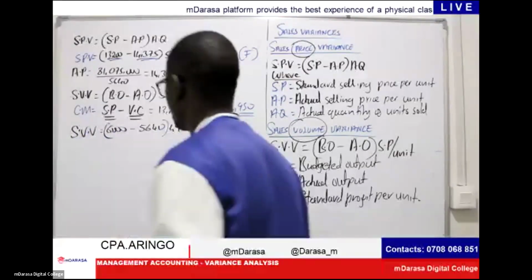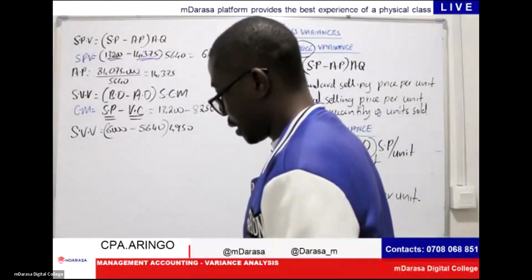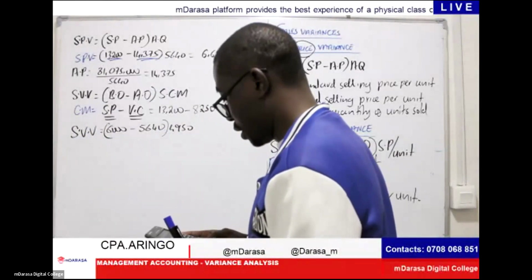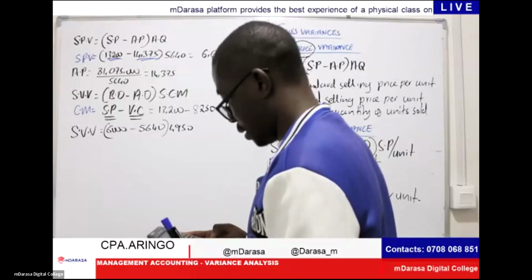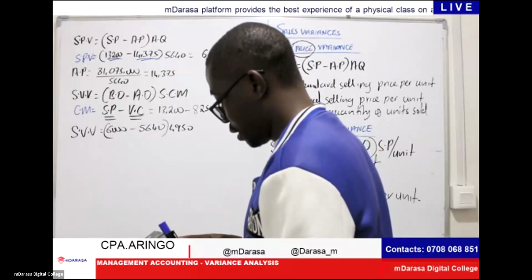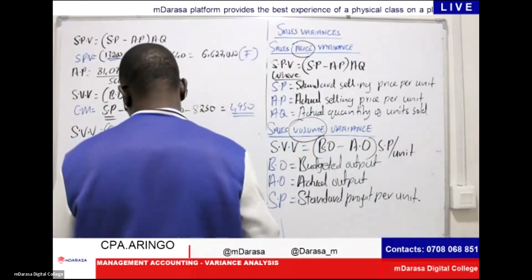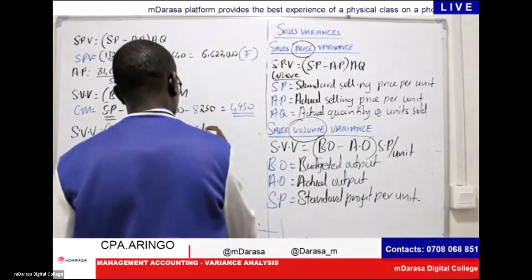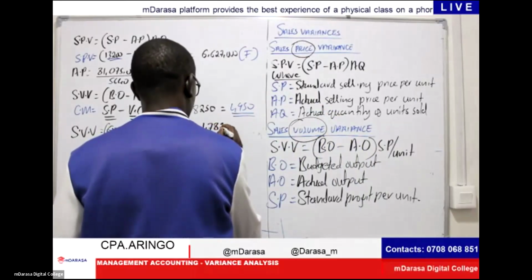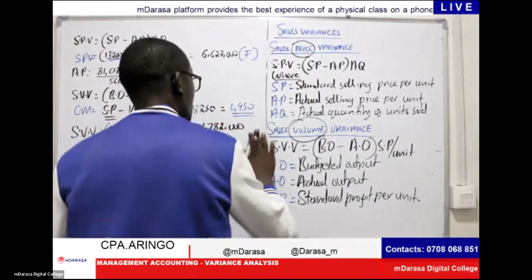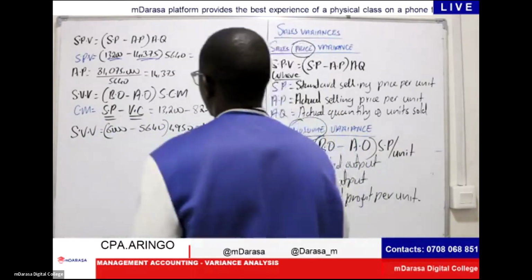So 6,000 minus 56,000 times 49.50 to give us a variance of 1,782,000 being what? Adverse.